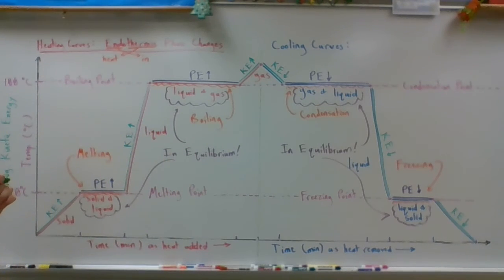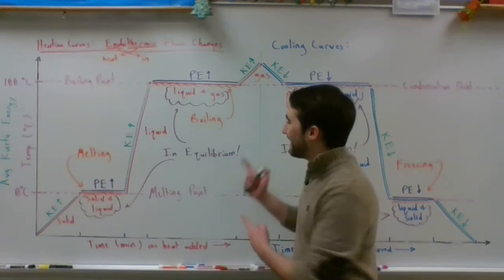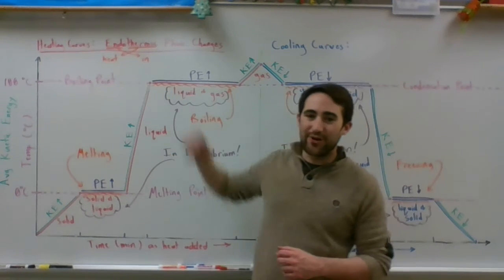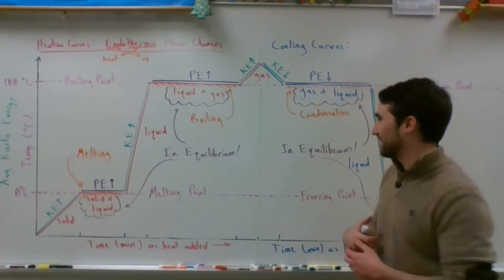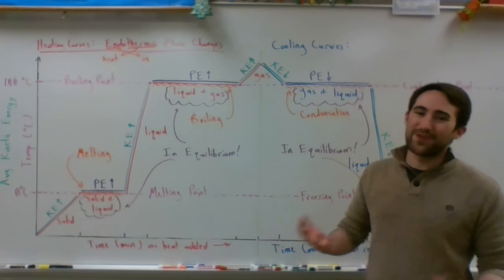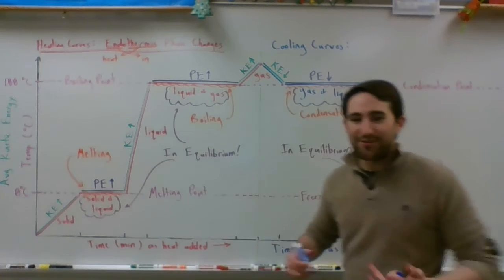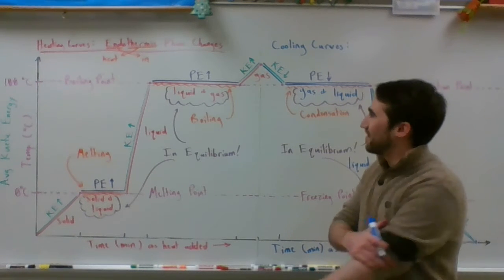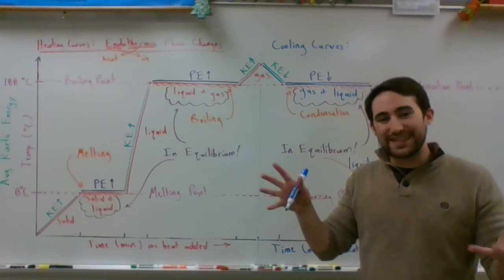Okay. Well, we had a specific name for these phase changes for a heating curve, where melting and boiling were both endothermic phase changes. Okay? A cooling curve shows phase changes also, except now we're removing heat, so they should probably get a special name too. Okay? It's still about heat, so we still want thermic to be a part of that, but rather than it being endo for in, we want it to talk about heat going out. We're releasing heat.